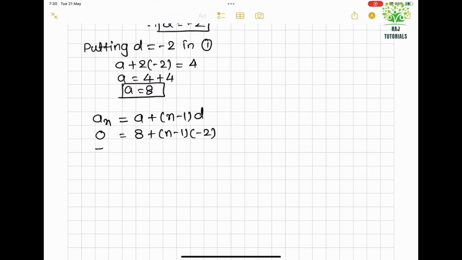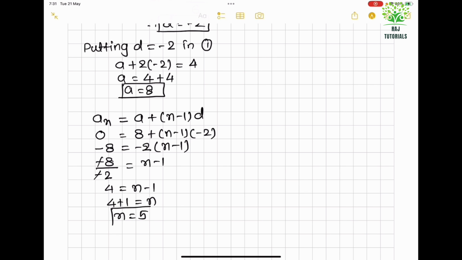So into minus 2. So minus 8 equal to minus 2 into n minus 1. So can I say minus 8 upon minus 2 equal to n minus 1? So 4 equal to n minus 1. So 4 plus 1 equal to n. So n is 5. So fifth term of the AP will be 0.